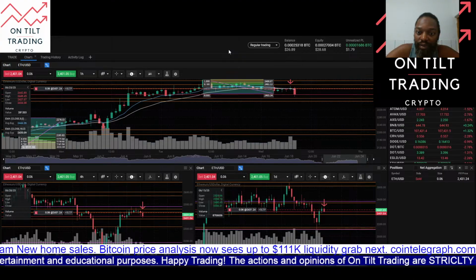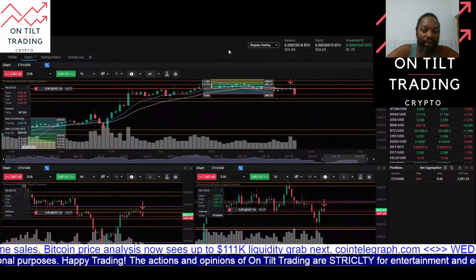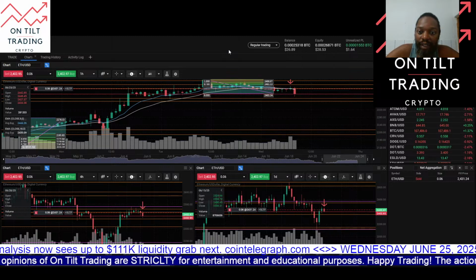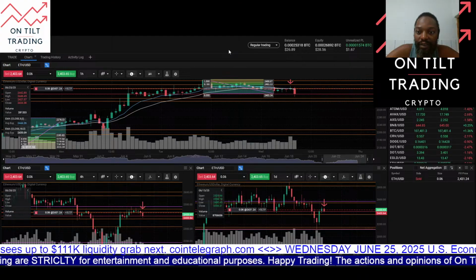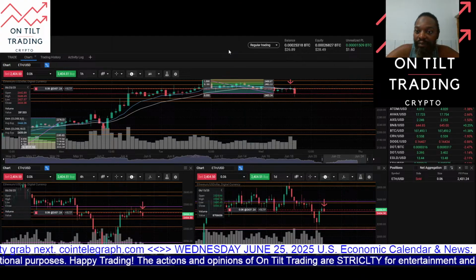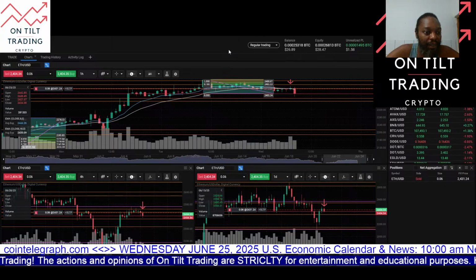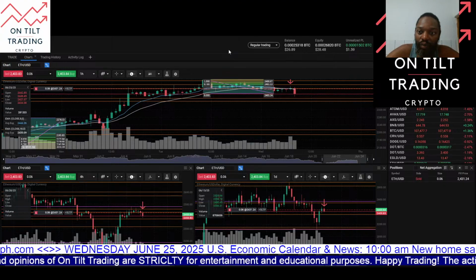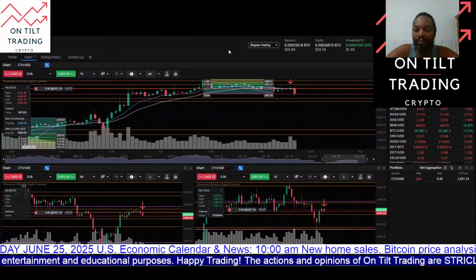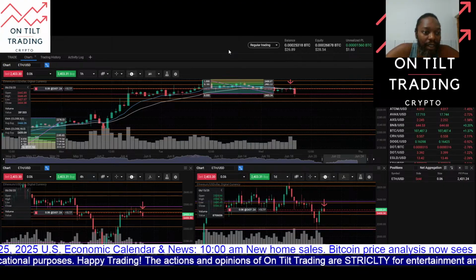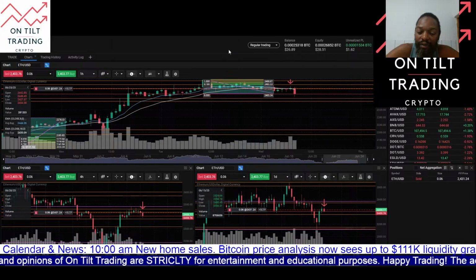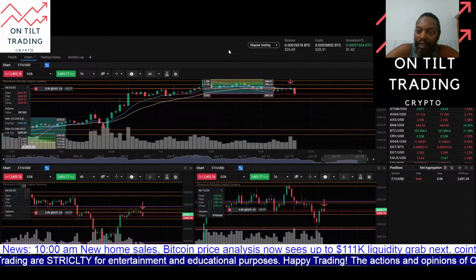My entry was earlier than I would prefer, but I wasn't watching Ethereum at the time. And one of the things I like about this system is it allows me to set up a trade and set a limit order. But had I been here, I would have been able to walk my order up a bit and get a slightly better entry for a better price. But I'm not interested in nitpicking over the small stuff.